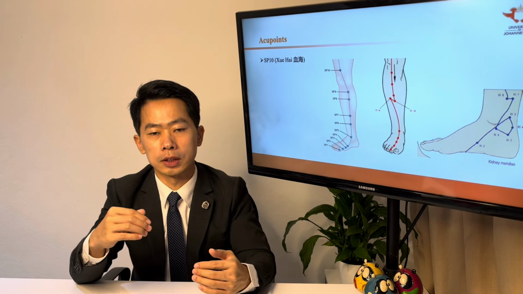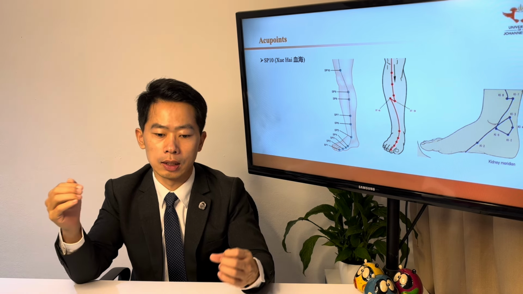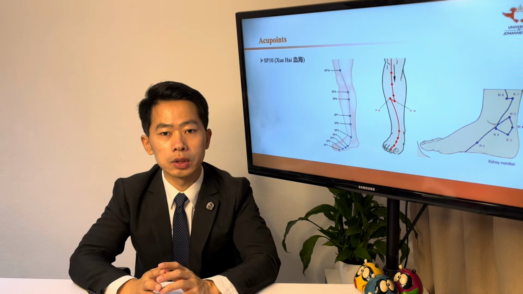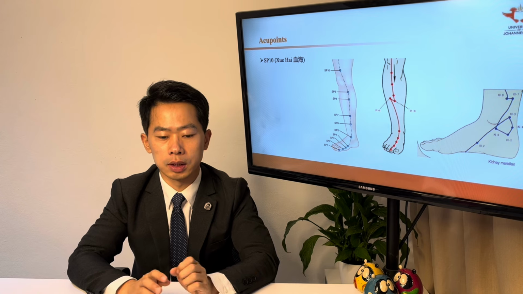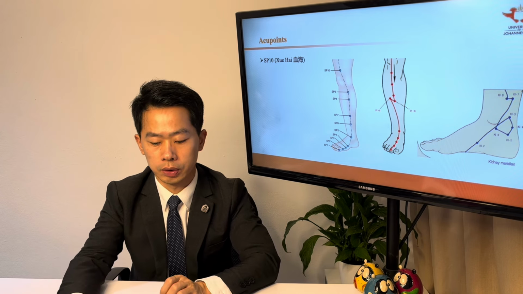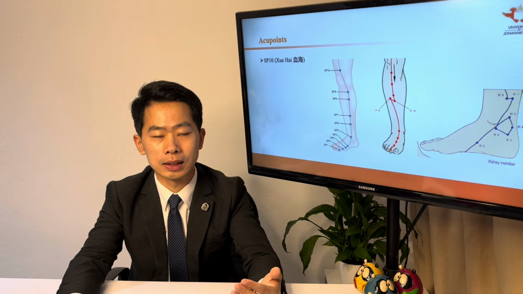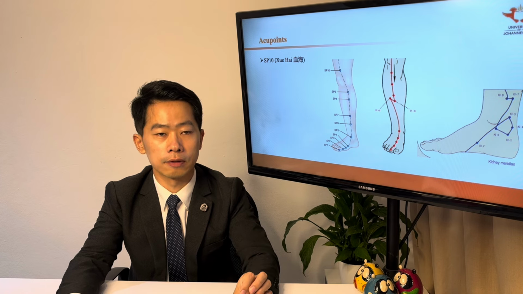So you can treat the symptoms, the manifestations, and the root cause at the same time. This is how to combine these points in clinical practice. Spleen 10 is for blood disorder. So as you can see, if you understand the terminology, the names of the acupoints, you will know their functions immediately.